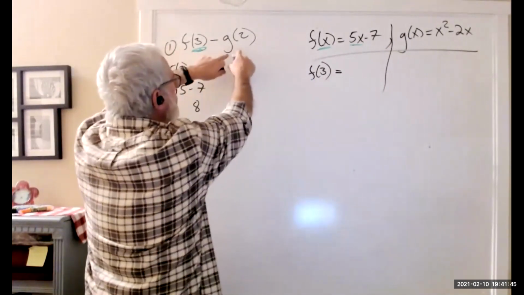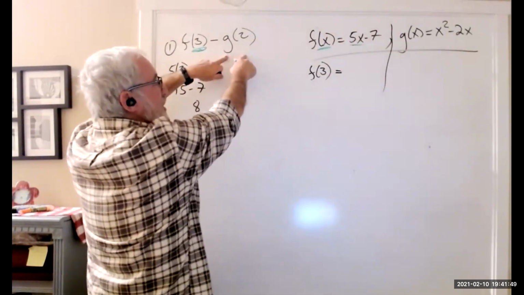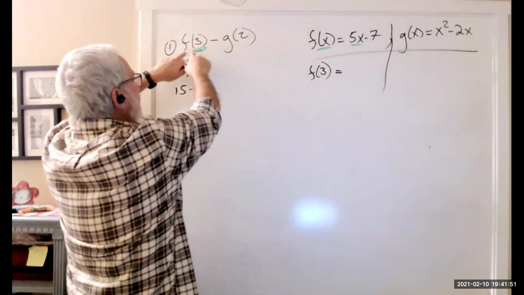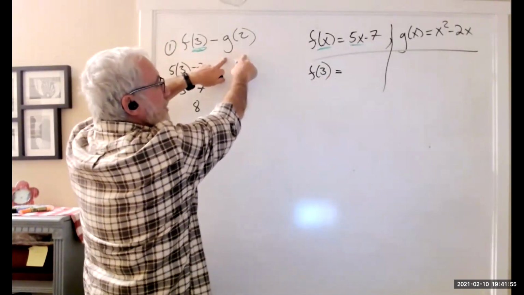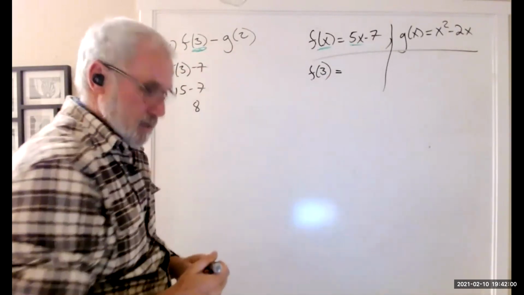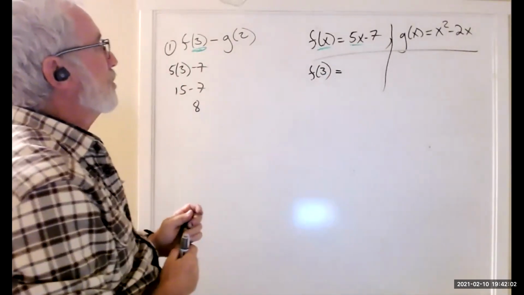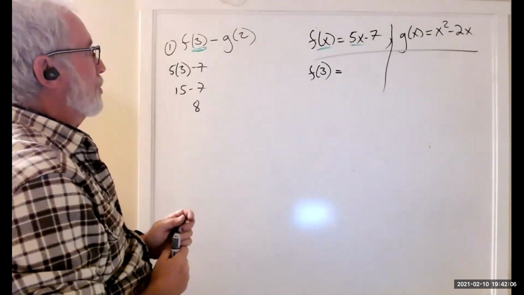This one says use the g rule, that one, and plug in 2. That's all it says. Use the f rule and plug in 3. Use the g rule, plug in 2. The problem we're trying to solve is the one with the equal sign, and the one without that is just telling you what variables go where.